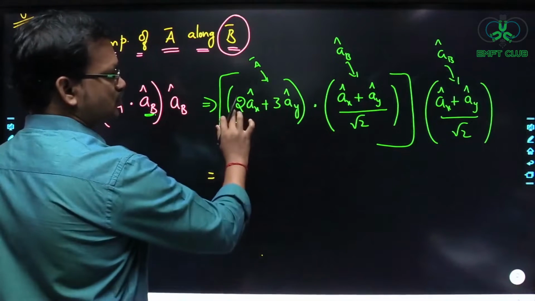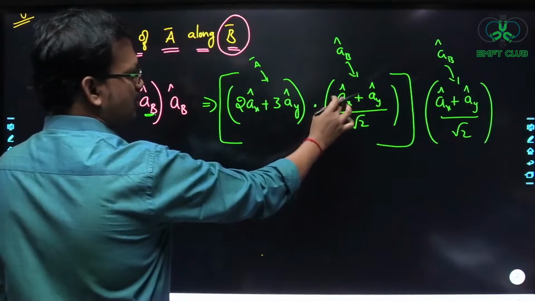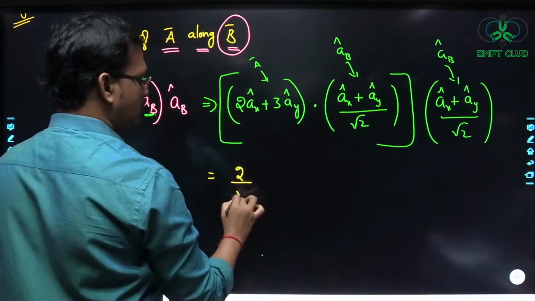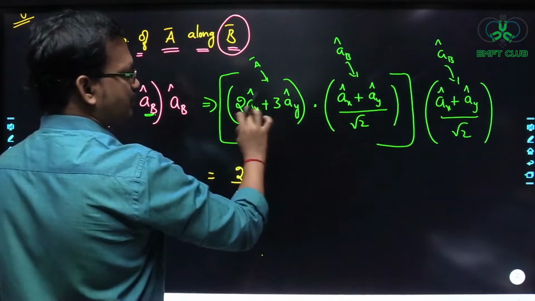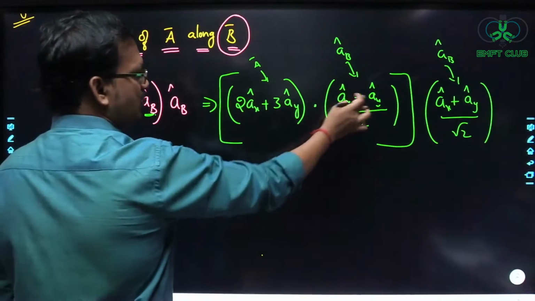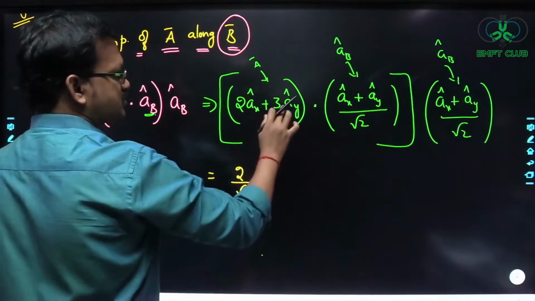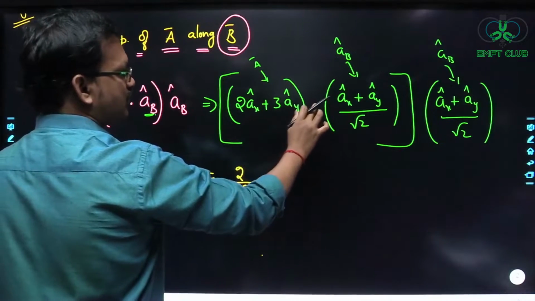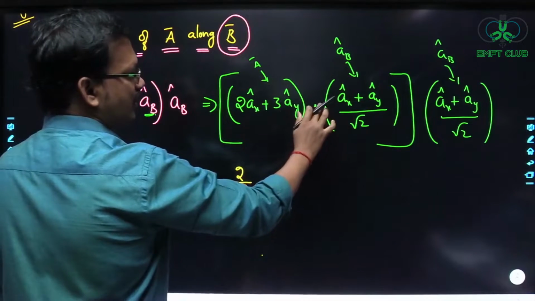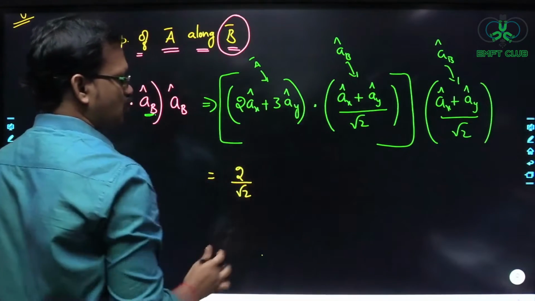Tell me. So 2AX cap dot AX cap by root 2, you are going to get 2 by root 2. Next AX cap, 2AX cap dot AY cap by root 2. So AX cap dot AY cap will become 0. Next AY cap, 3AY cap dot AX cap by root 2 will become 0. Next 3AY cap dot AY cap by root 2, what you are going to get?